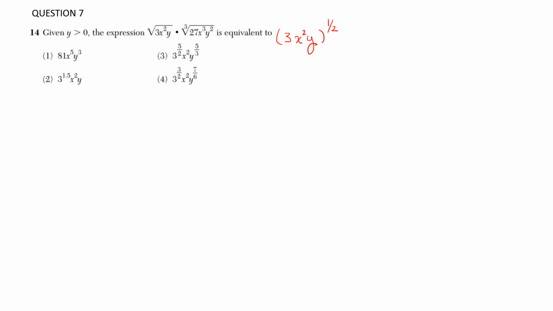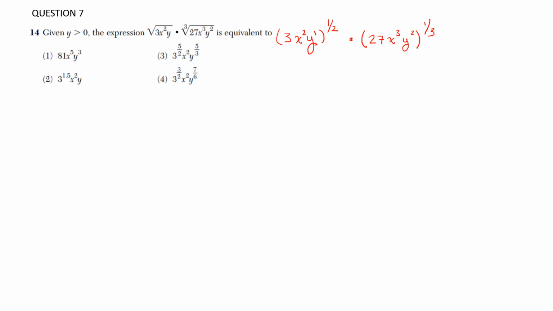This is the square root multiplied by the cube root, so that's going to be raised to the 1/3 power. This is 27x cubed y squared. We know that's raised to the 1/3 power, cube root.